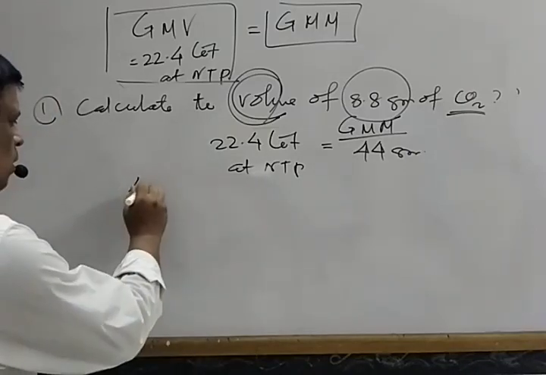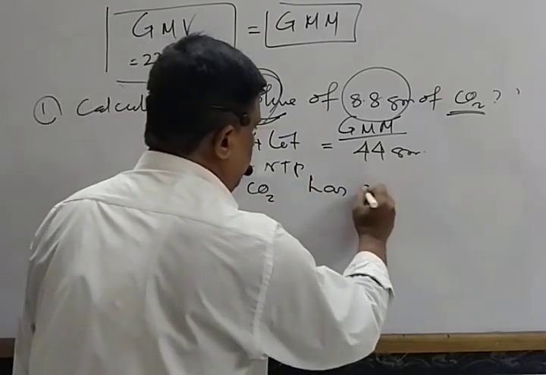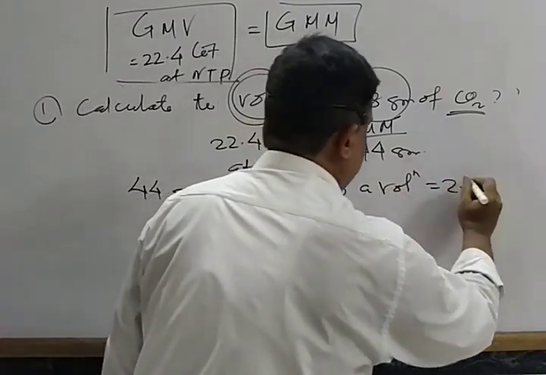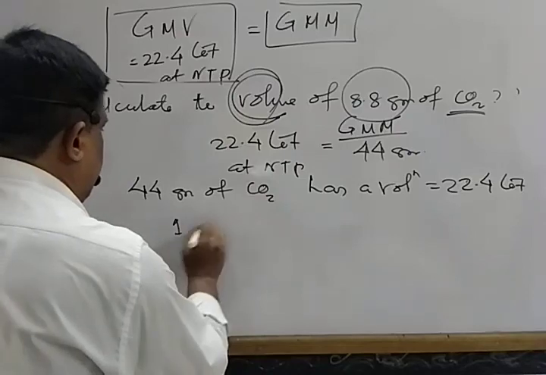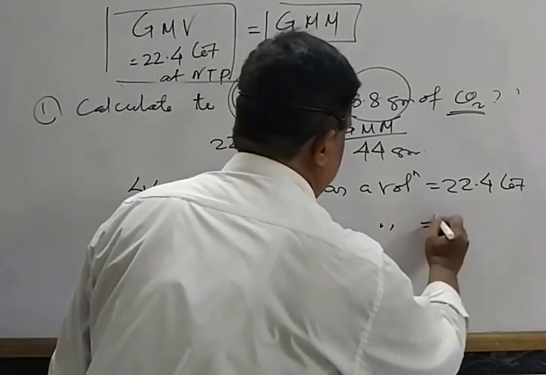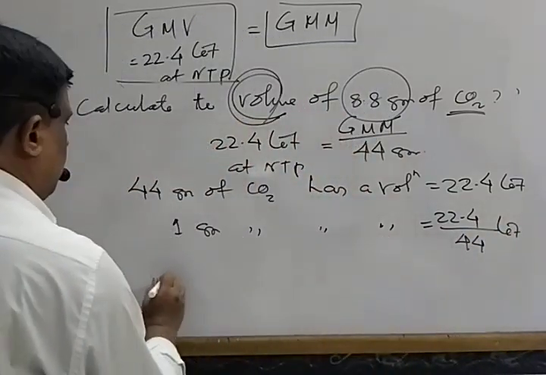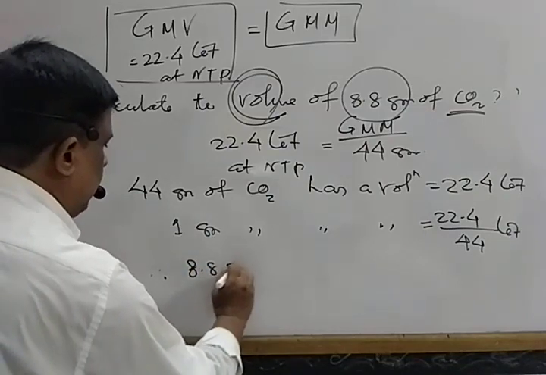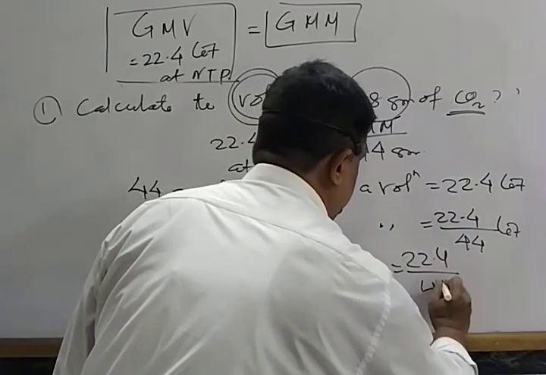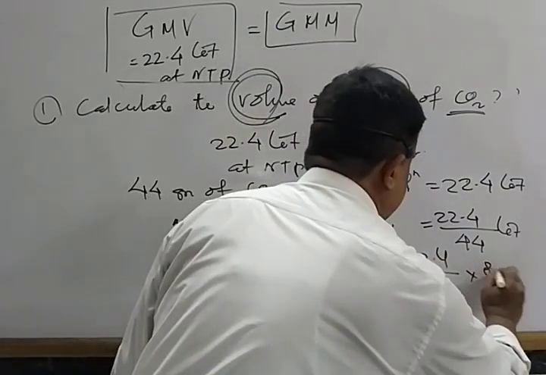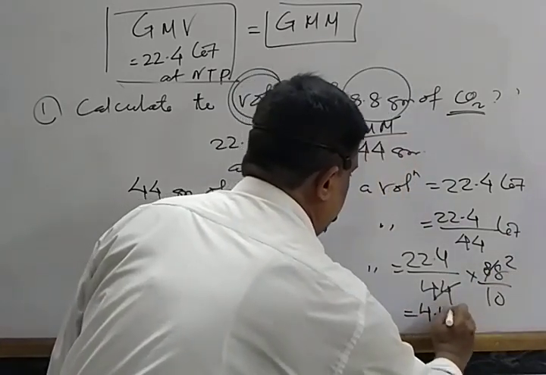So write the statement: 44 gram of CO2 has a volume of 22.4 liter. Next, 1 gram of CO2 possesses a volume 22.4 divided by 44 liter. Therefore, for the question, 8.8 gram of CO2 has a volume equal to 22.4 divided by 44 into 8.8, means 88 by 10 into 2, is equal to 4.48 liter.